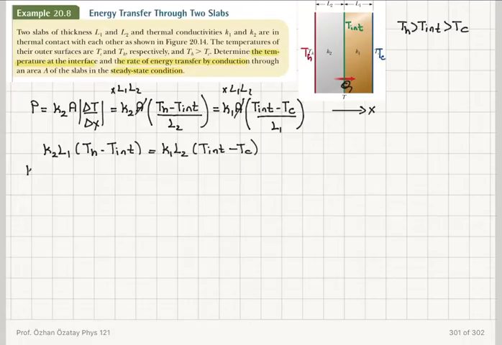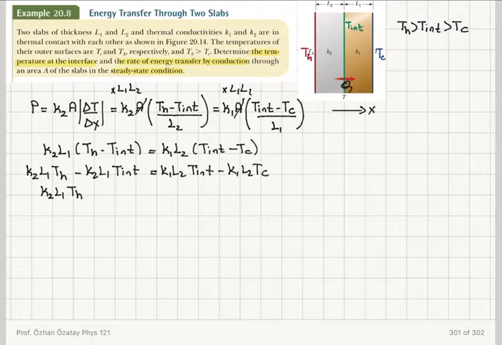So K2 L1 T hot minus K2 L1 T intermediate is equal to K1 L2 T intermediate minus K1 L2 T cold. So if I take this T cold to the left hand side, I will get K2 L1 T hot plus K1 L2 T cold is equal to (K1 L2 plus K2 L1) T intermediate.